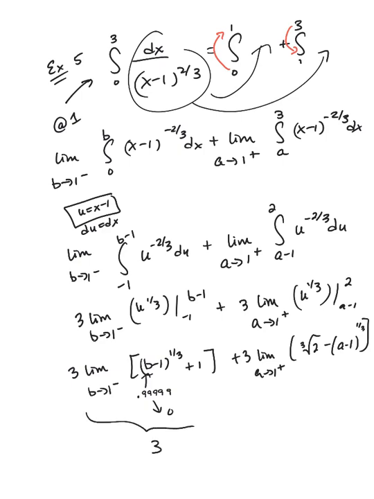For the second one, you have to analyze what's happening, right? So if you analyze this a, so imagine this is 1.00001, right? So you're going to have a tiny infinitesimal positive number to the 1/3. It will still be 0. So this goes to 0.